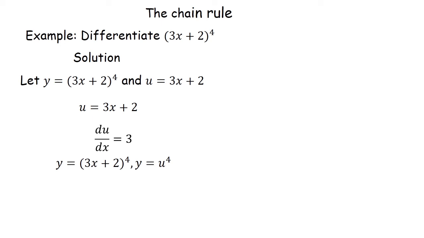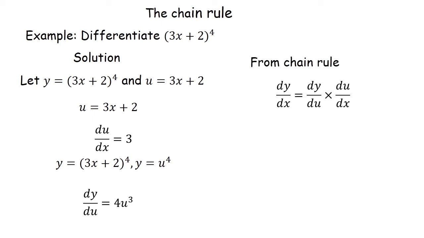So our y is going to be u to power 4. We also differentiate it, so dy/du is going to be 4u cubed. Then we apply the chain rule, which says dy/dx is equal to dy/du times du/dx. So dy/du is 4u cubed, and du/dx is 3. When we multiply, that gives us 12u cubed.